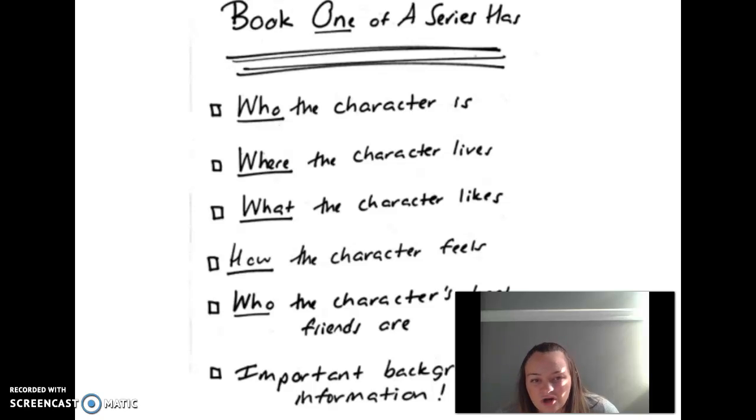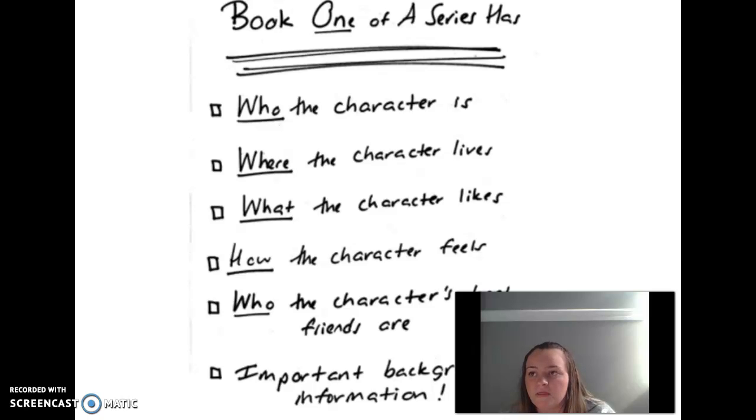Now, towards the end of the chart, it talks about who the character's best friends are. My character Sam does have friends, but none of them are going to be really showing up again and again in the story. So we don't really need to introduce our character's best friends unless they are going to be in our stories again and again.